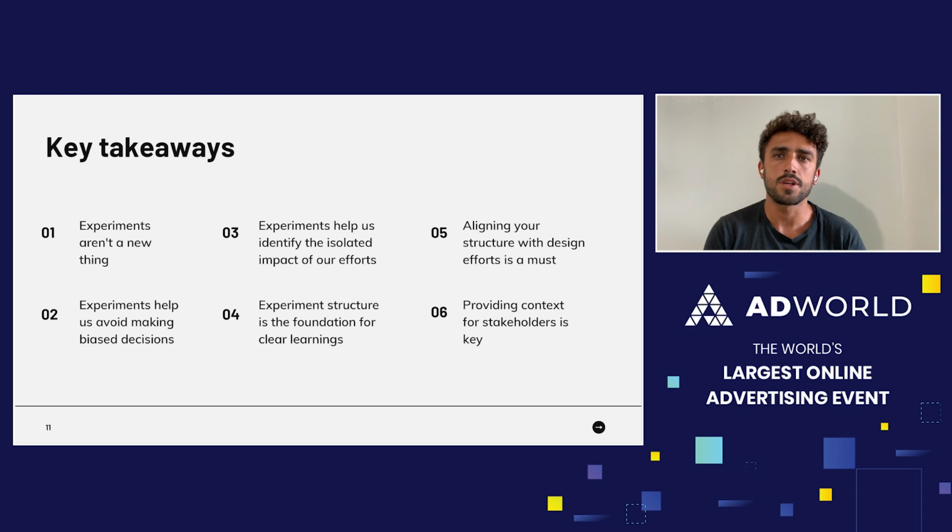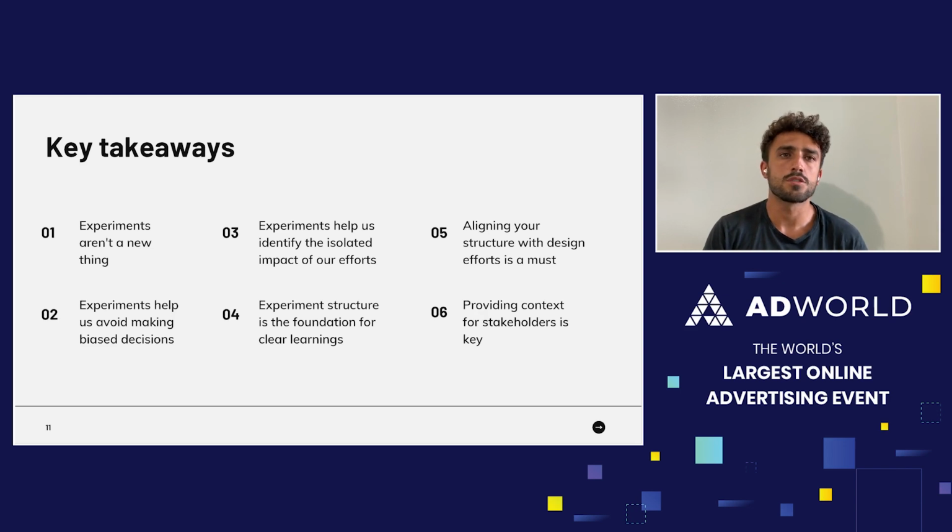By doing that, we can see the isolated impact that experiments are bringing to our overall company and overall goal. Experiment structure is the foundation for clear learnings. We saw that during this exercise: as we were going through it, it was very clear in our minds what this would look like.